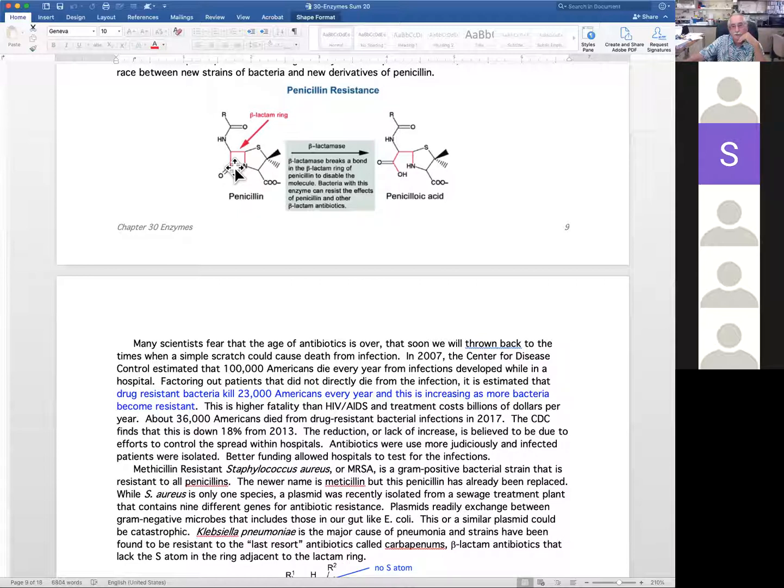But drug-resistant bacteria can get the enzyme called beta-lactamase, or penicillinase is another word for it, that can break that ring open. And then it's useless, it can't do anything.